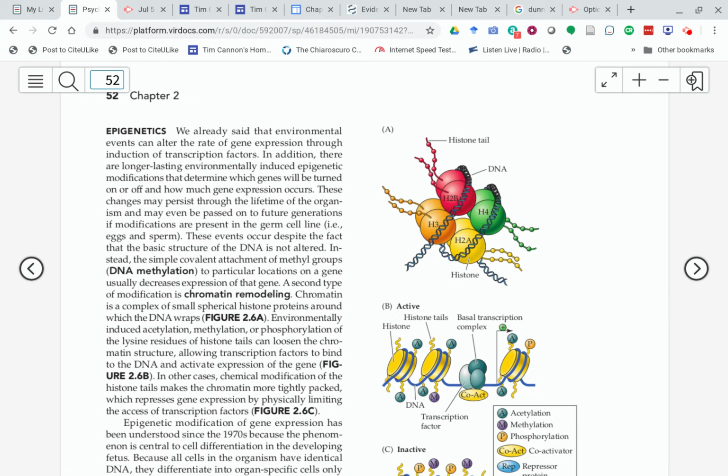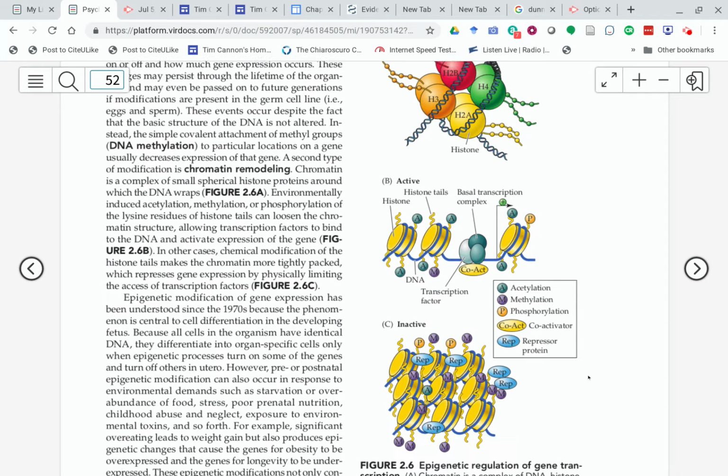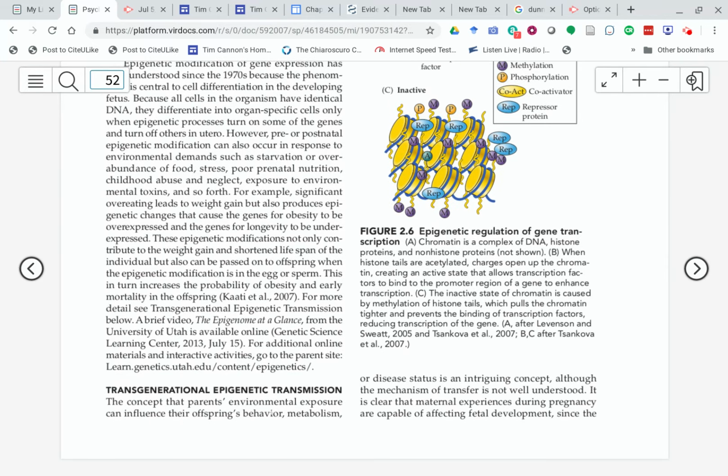Epigenetics, boy, is this a hot topic right now, but be warned, there's really good science behind epigenetics, and even epigenetics going transgenerational, where what happens to a grandmother or grandfather can affect grandchildren.